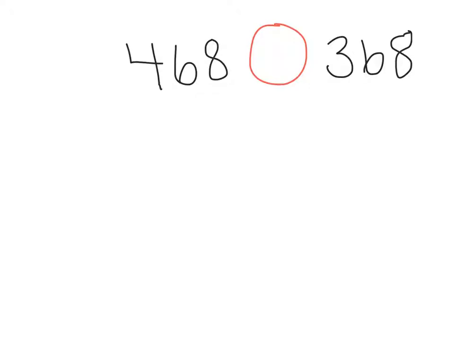One strategy to use when you are comparing numbers is using quick draws. So, boys and girls, I want to find out if 468 is greater than or less than 368. One way I can do this is using a quick draw. I'm going to quickly draw out 468.